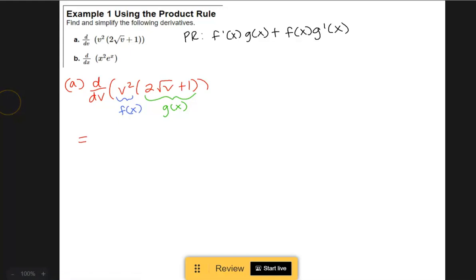So we have f prime of x. I'm going to write it out with this d dv notation.